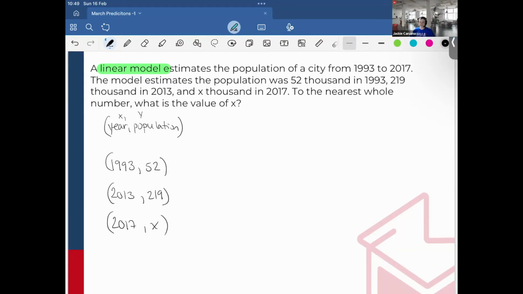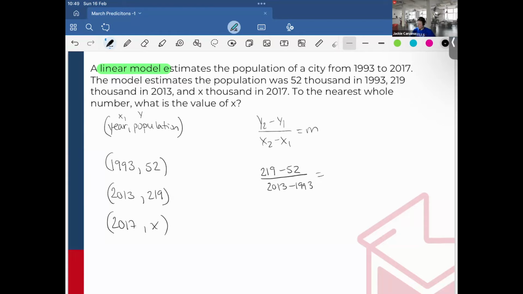Okay, so now I would use the slope formula, y2 minus y1 over x2 minus x1 equals m. So let's do 219 minus 52 over 2013 minus 1993 and see what that gives us.